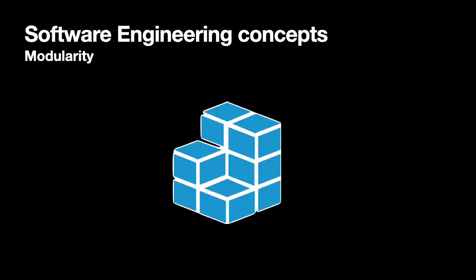Software modularity divides an AI system into independent, interchangeable modules, each managing a single responsibility. For example, data ingestion, model inference, or storage. Applying modular design to AI mitigates common challenges such as vendor lock-in, data pipeline fragility, and monolithic model coupling.